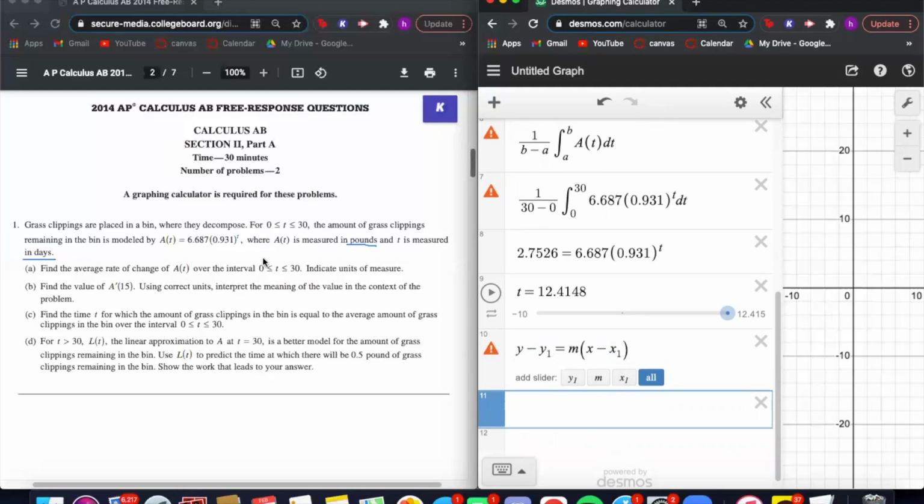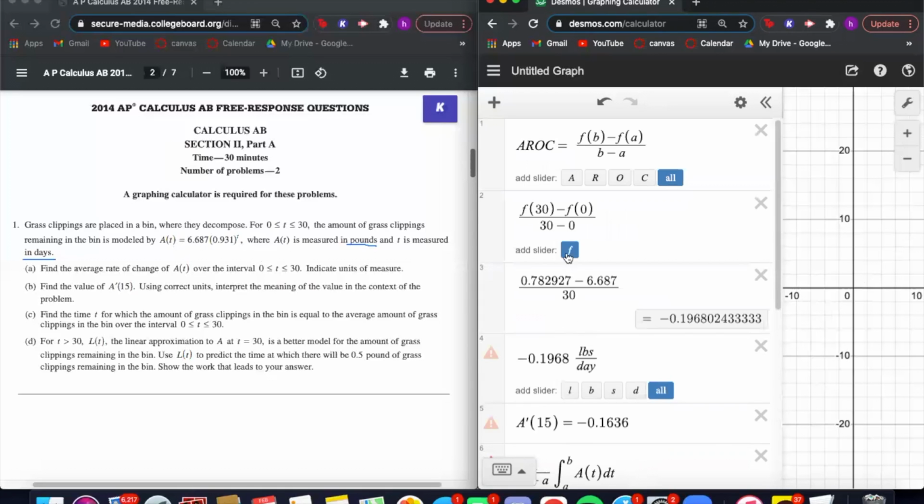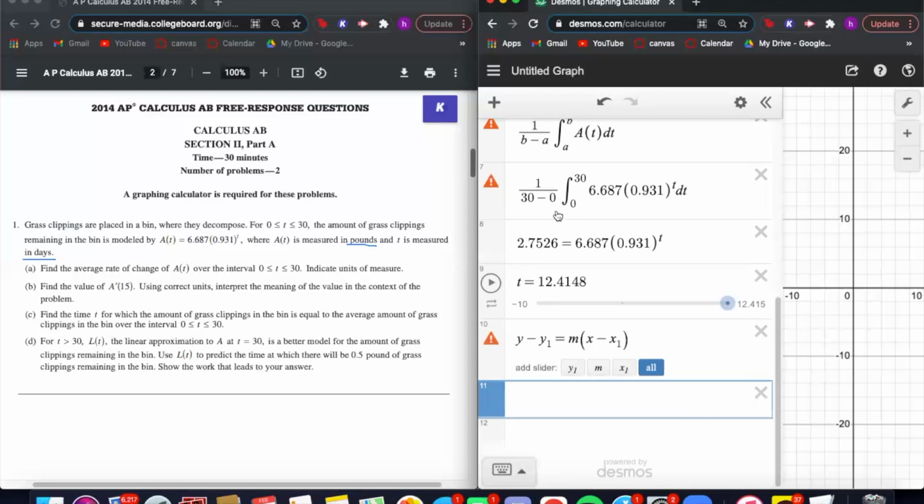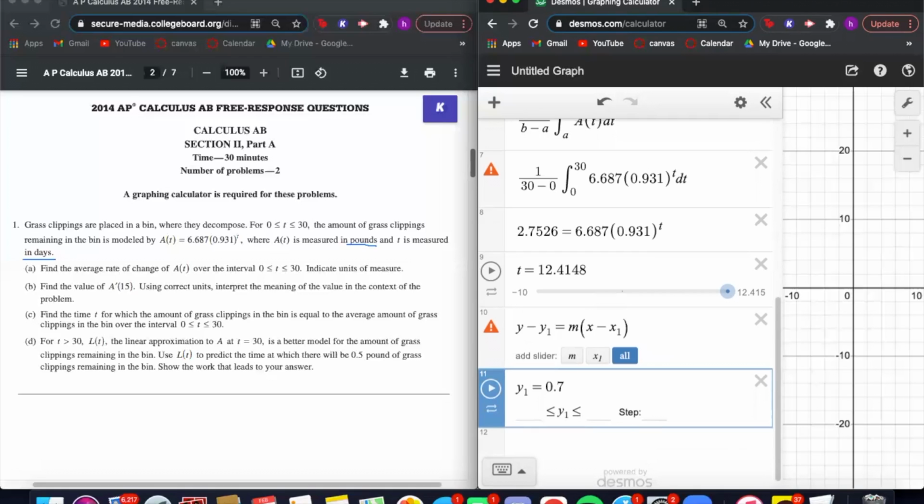So plugging in 30 into this equation, we actually already did this in letter A when we did f of 30. So using the answer that we got there, we know that y1 is equal to 0.782928.